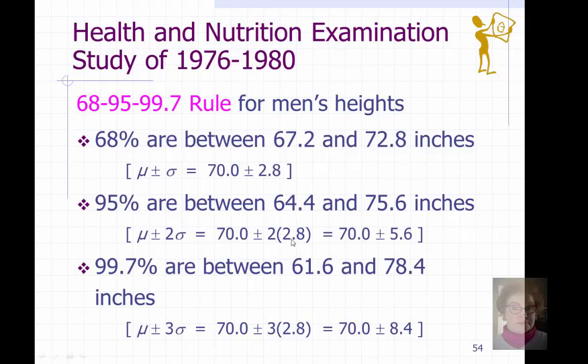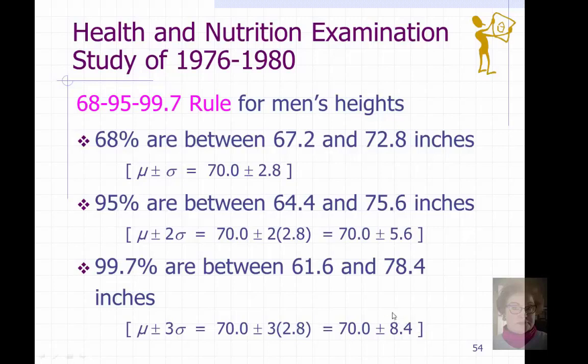So that's 2 standard deviation units. So that's 5.6 inches higher than the mean, 5.6 inches lower than the mean. So we know that 95% of men 18 to 24 are between 5'4.5" and 6'3.5" approximately.